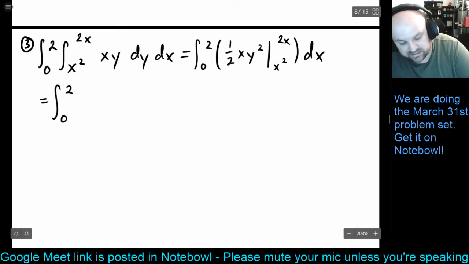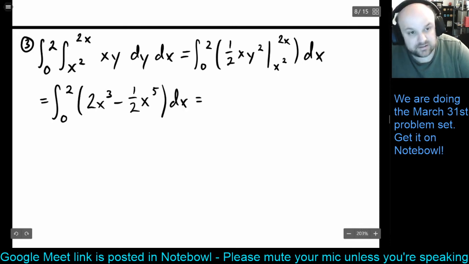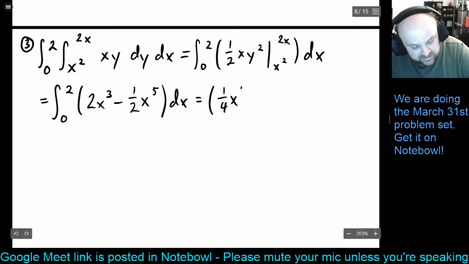So plug that stuff in. Plug in the 2x, we're going to get 2x cubed. And then plug in the x squared, we're going to get minus 1/2 x to the 5th. So when we integrate this, again, with respect to x, we're going to get 1/4 x to the 4th minus 1/12 x to the 6th from 0 to 2.